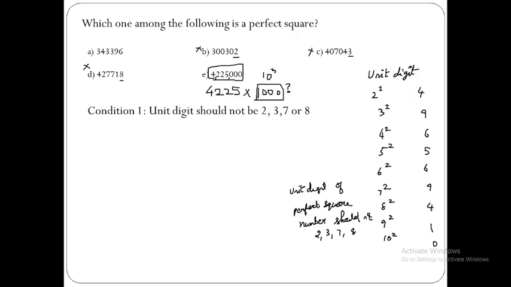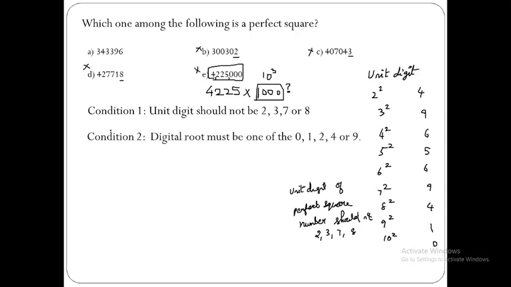So even though 4225 is a perfect square, 10 cubed is not a perfect square. So this whole number, 4,225,000, would not be a perfect square because of the 1000. So option A may be the answer.